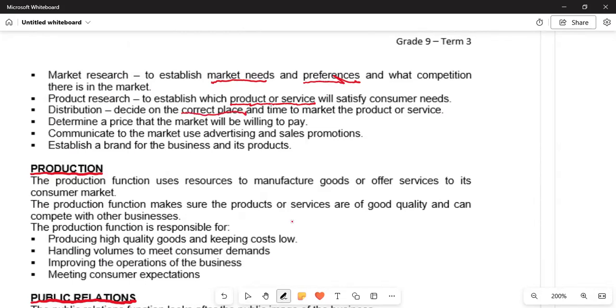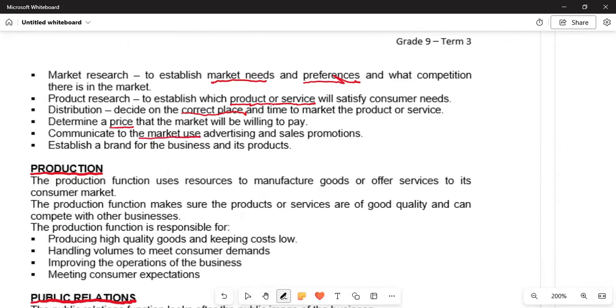Now the other one, determine a price that the market will be willing to pay. Make sure that the price that you're going to give is worth the product and the consumers are going to be willing to pay. So make sure that the price that you are coming up with is in the market. So that is very important. Communicate to the market, use advertising and sales promotion. Communicate to the market, use advertising.